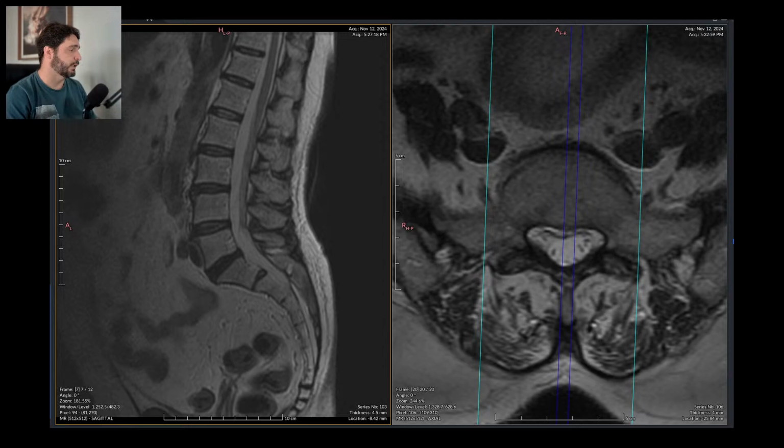Let's grab a template. I have a template for this right there. So the three last segments, the three inferior segments have protrusions. There is mild stenosis of the neural foramina of L5 S1.